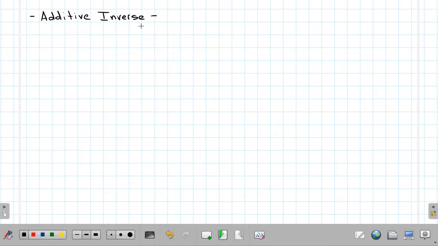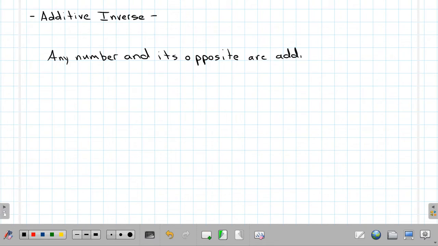What the additive inverse tells us is any number and its opposite are additive inverses of one another.